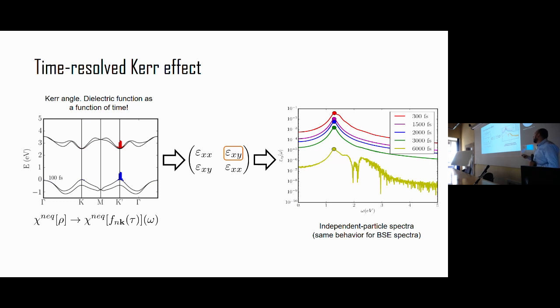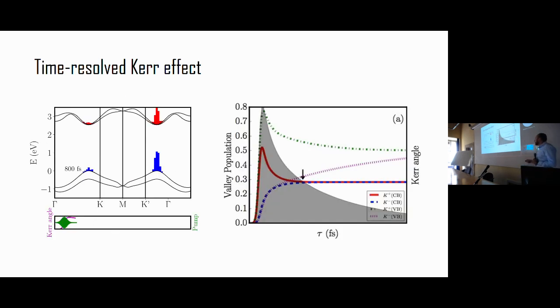And to compare directly with the experiment, you need to calculate the Kerr angle for any time or for a set of times. That is what is here. Here we calculated, in the independent particle approximation, the Kerr angle, and you see that the signal is decreasing with time, and you can also see that you have several types of dynamics in the material.